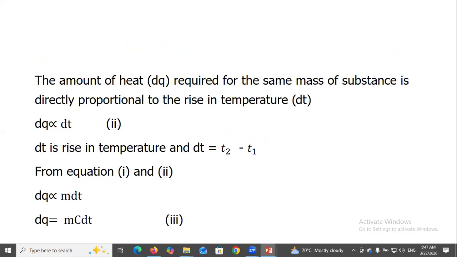The amount of heat dq required for the same mass of substance is directly proportional to the rise in temperature dT, equation second. dT is the rise in temperature, dT equal to T2 minus T1. From equations first and second, dq ∝ m dT, so dq equal to mc dT, equation third.